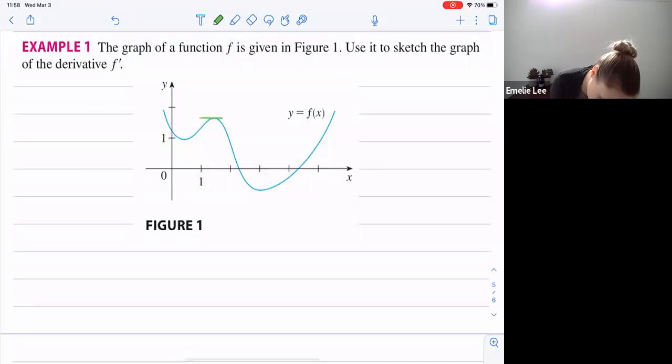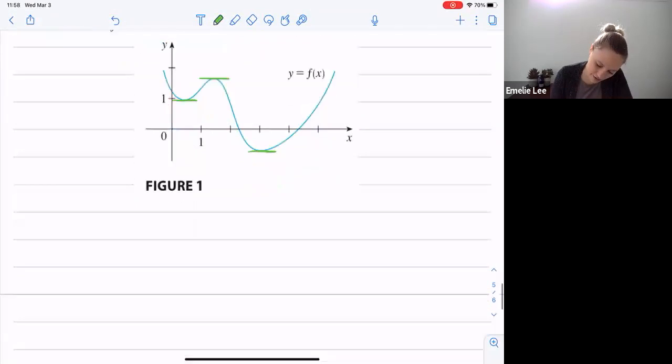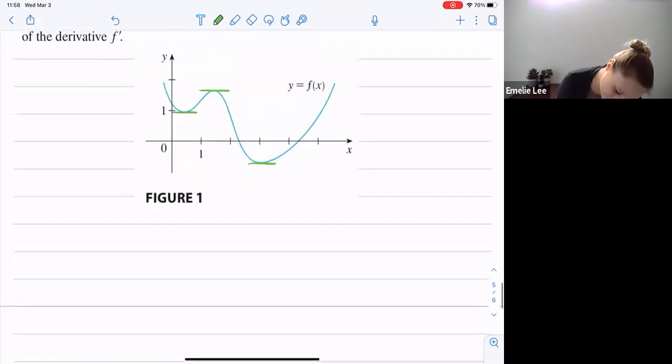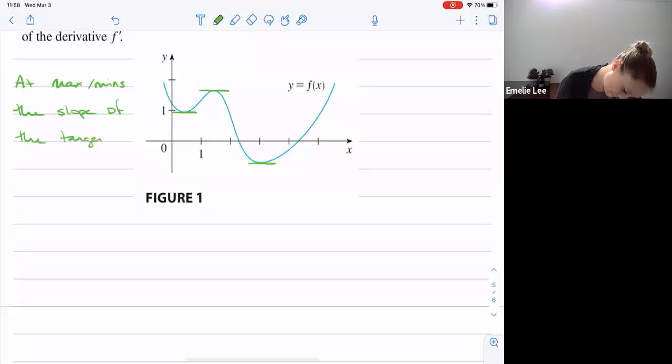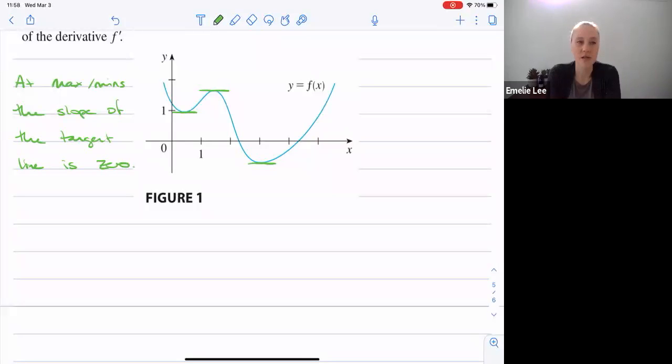So at max or mins, the slope of the tangent line is 0. That's the first thing that we map out.